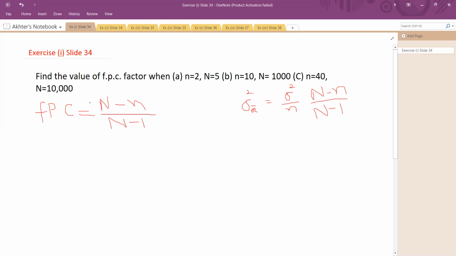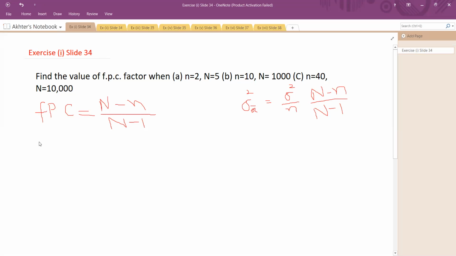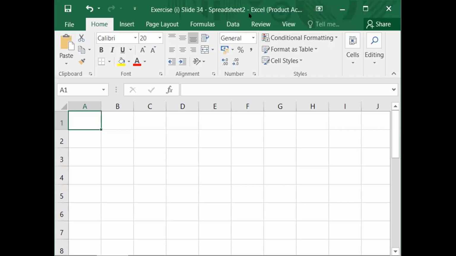For computing the different values of the FPC, I am using Excel. I am inserting a new Excel sheet here in the OneNote. This is the Excel sheet that is to be used for the calculation of FPC.